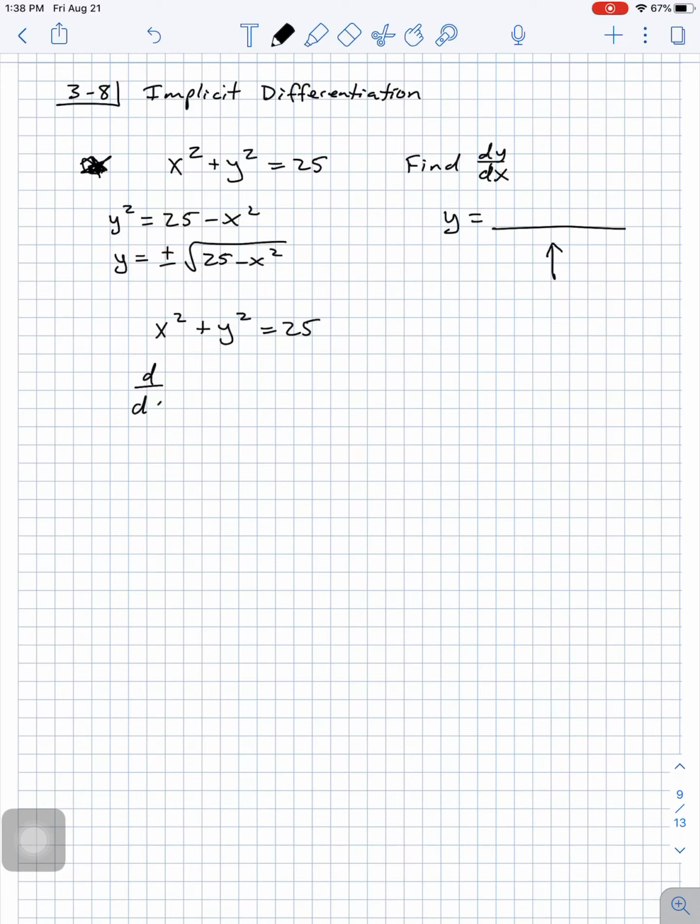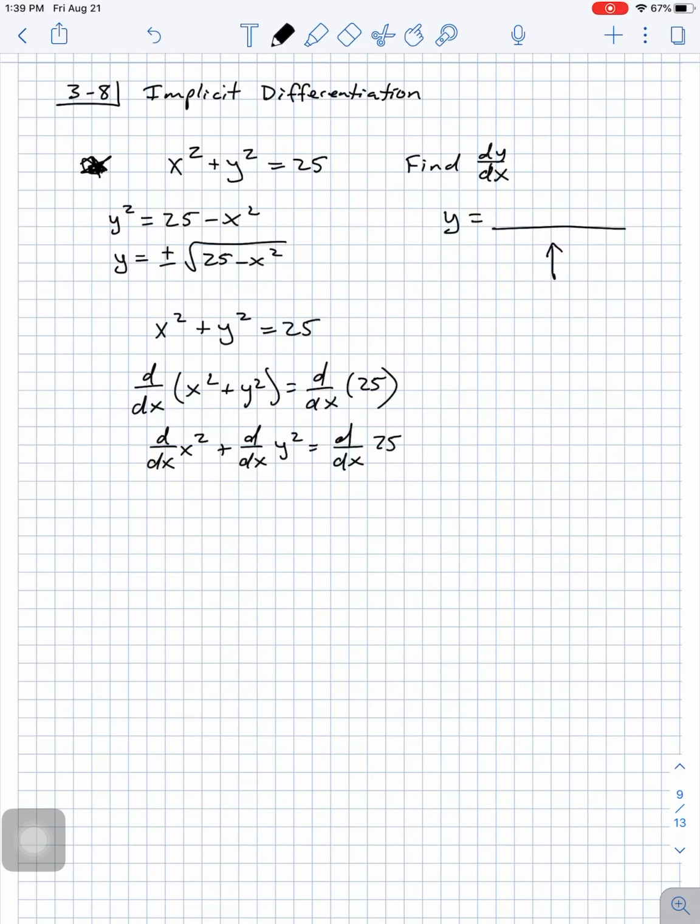So the derivative of this side, and the derivative of this side. Okay, keeps it all even. Everybody in algebra land is happy. And we learned earlier that the derivative can distribute, so this becomes the derivative of this term, the derivative of this term, and the derivative of the other side.